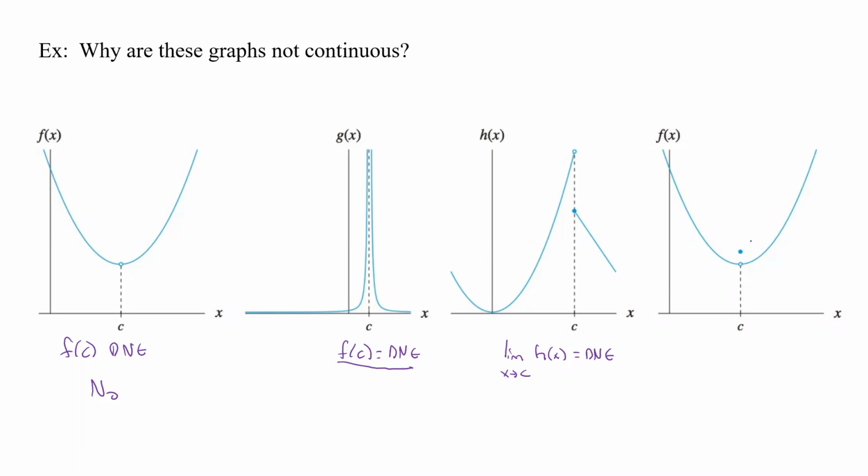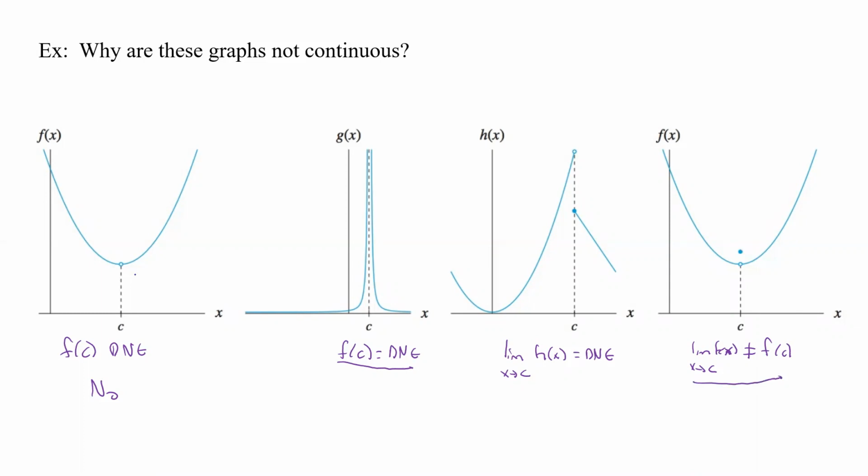But what happens is the limit of f of x as x approaches c does not equal f of c. So that limit of f of x does not equal f of c, and that's the key problem with that one.